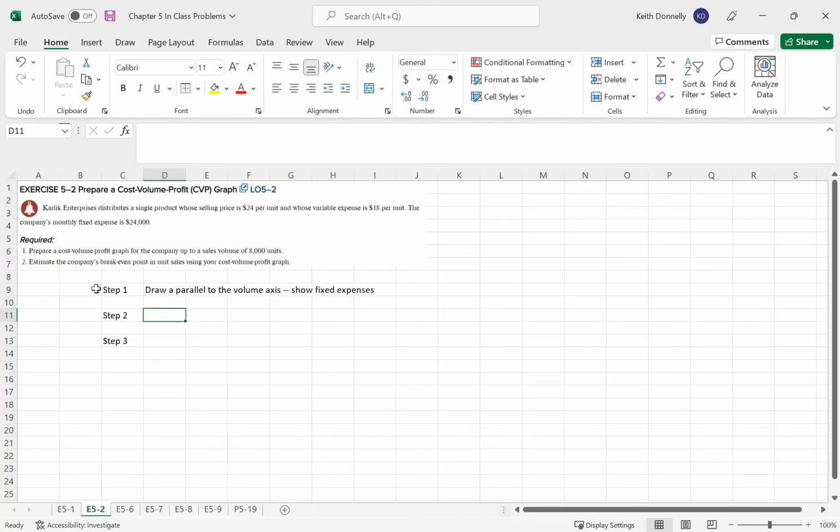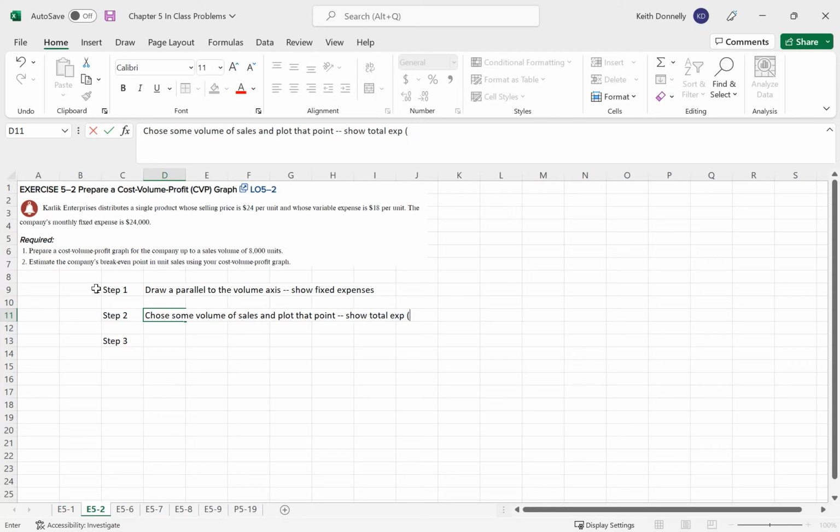And then the next thing we're going to do, step 2, is choose some volume of sales and plot that point where you're going to show total expenses, fixed and variable. So here we're doing this for 8,000 units because that's what it says in the prompt.